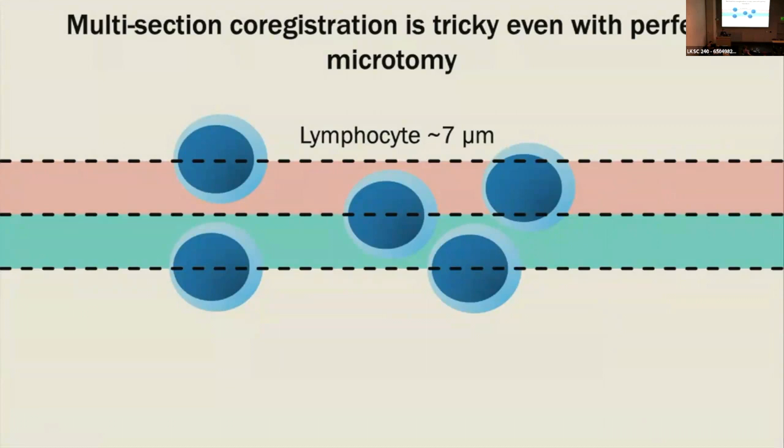But I was thinking more about this instance where you have two different modalities on serial sections, and so the two sections are going to be very slightly different, because the plane of sectioning or the thickness of the sections are too large to get an individual, smaller cell all in one section. This is what I was referring to.